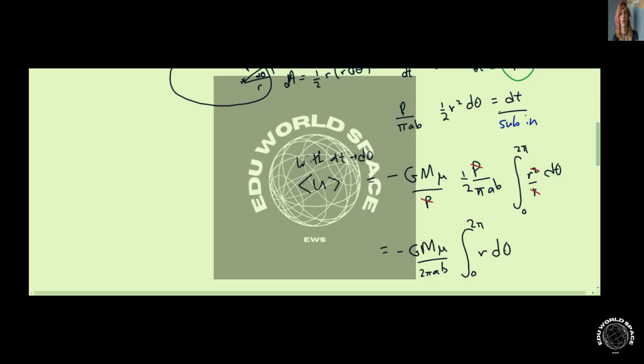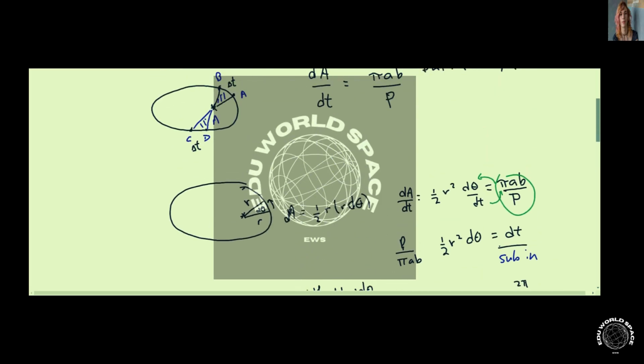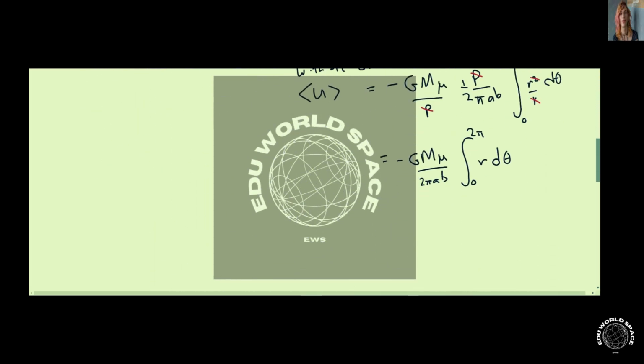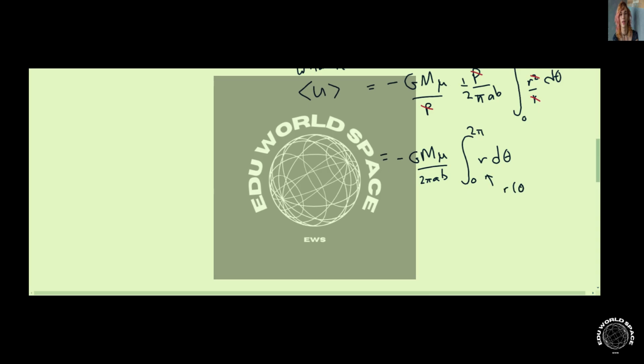And now we can integrate the r, as a function of theta. Which is the nice little elliptical conic section in polar coordinates.